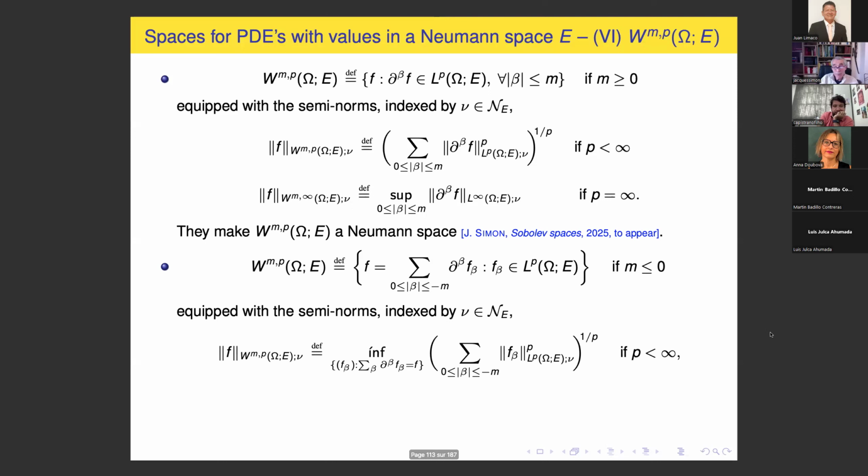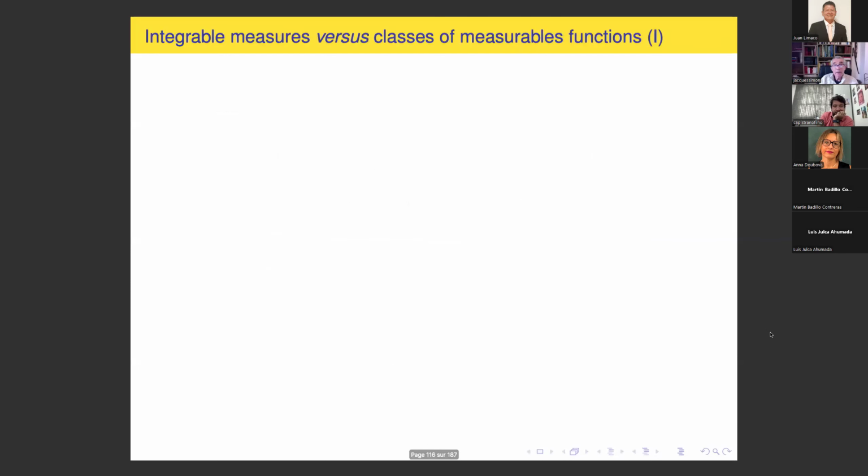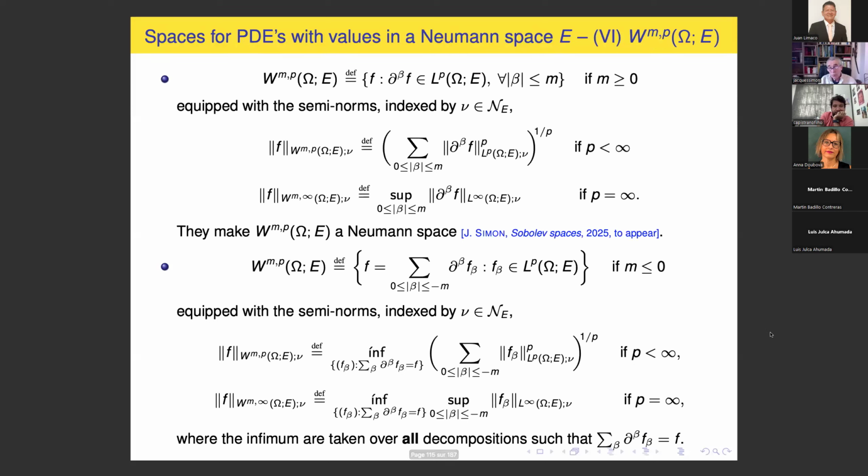And it is equipped with a semi-norm, which is the infimum over all the possible decompositions of f as a sum of derivatives of f beta. Okay. So we have the space that we need.